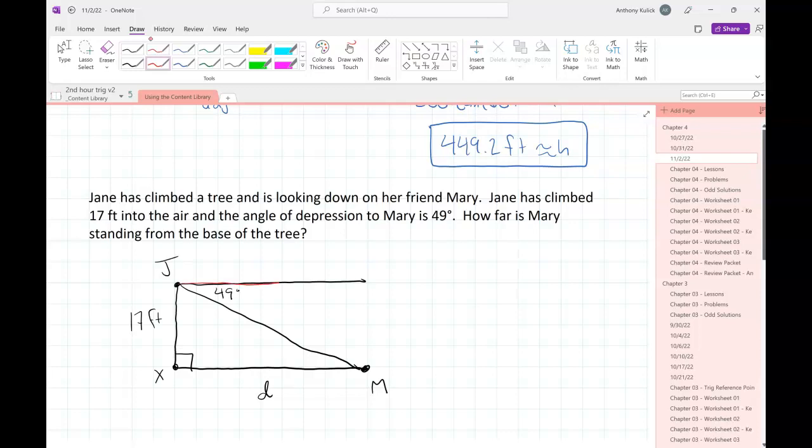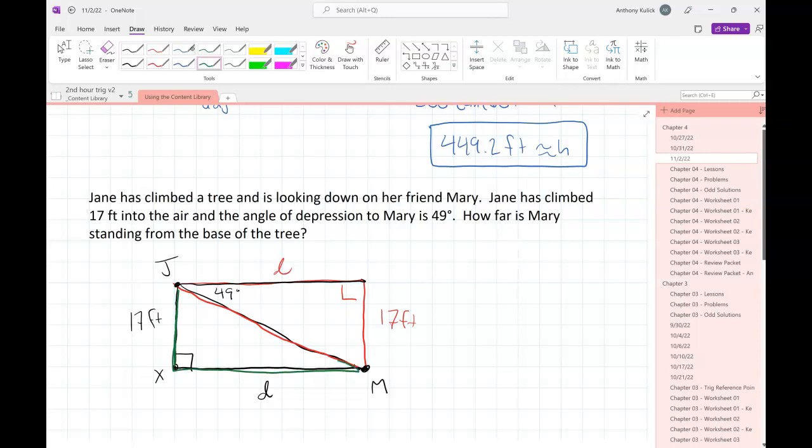One is we can use this triangle here, where this side would also be 17 and this side would be D. Everybody's cool with that? I've just made it like a rectangle. Or what's the other option?